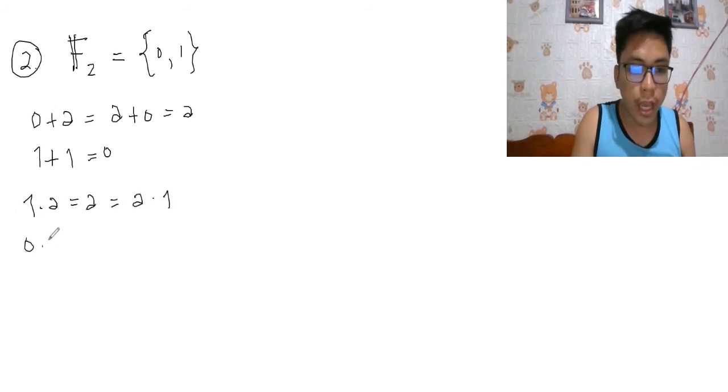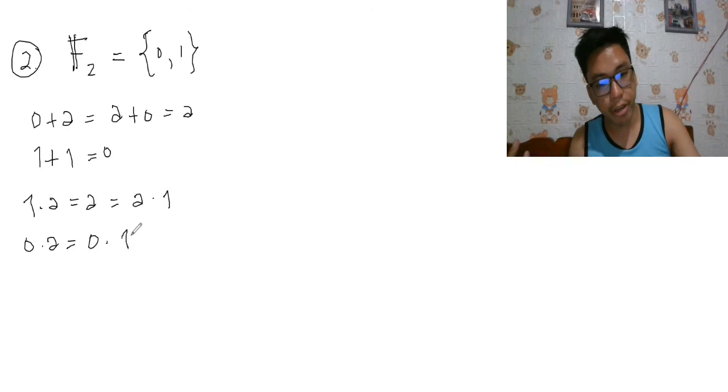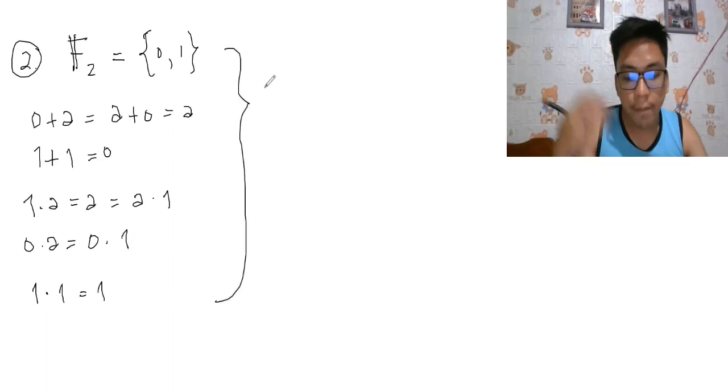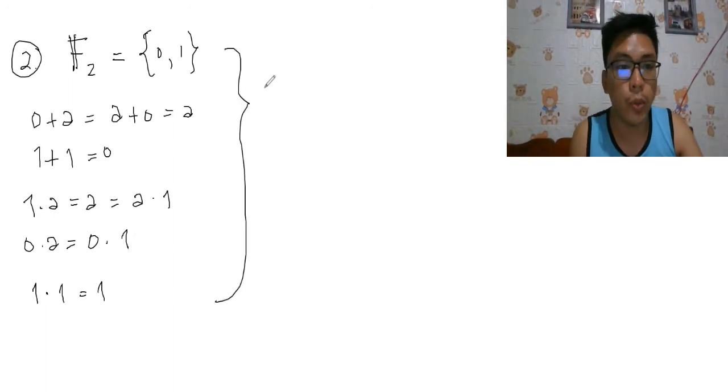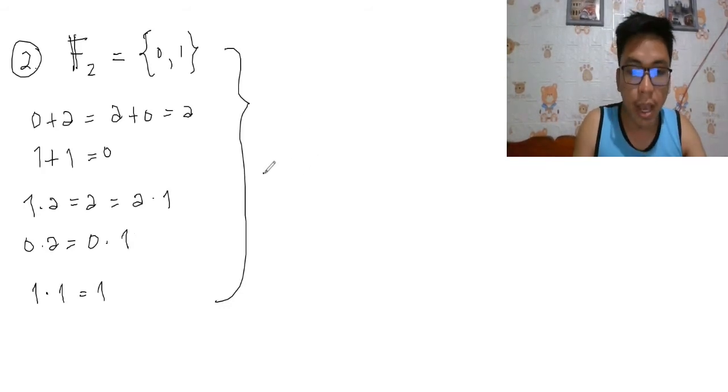And 0 times a is equal to 0 times 1. Technically this is invertible, and 1 is the multiplicative inverse in the sense that if you multiply 1 by 1, you get 1. So basically, this is a field, a finite field with two elements. So that's F2. In fact, this can be described as Z mod 2Z.